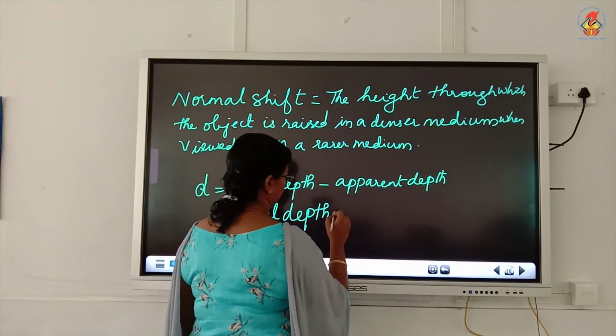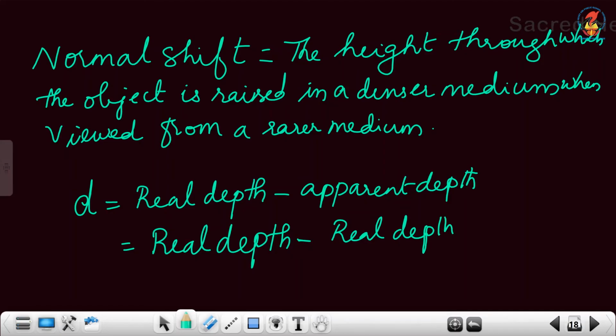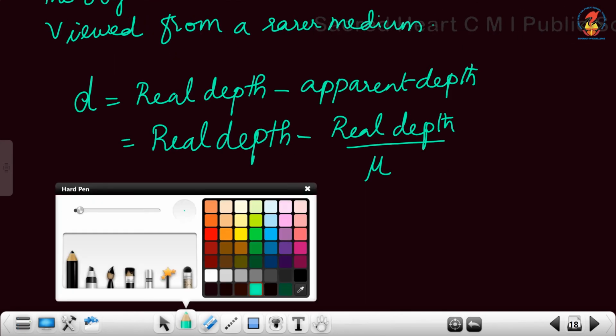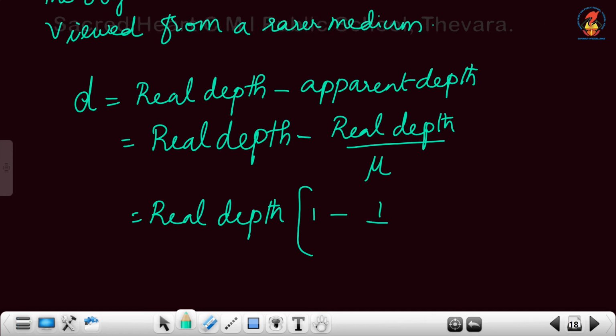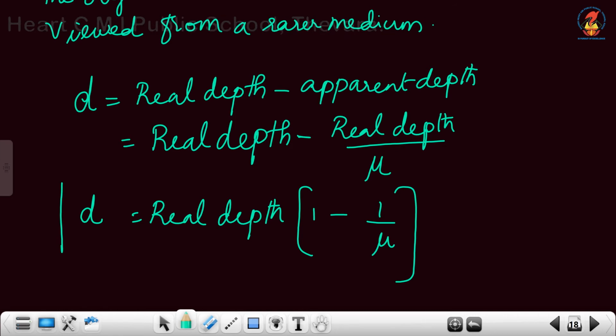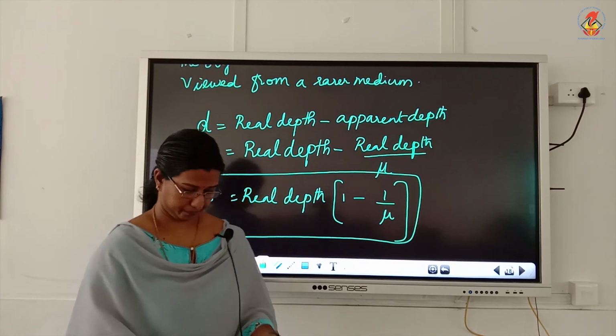So we can write this as real depth minus real depth divided by the refractive index. Taking real depth outside, we can write it as real depth into 1 minus 1 by mu. So normal shift d is equal to real depth into 1 minus 1 by mu.